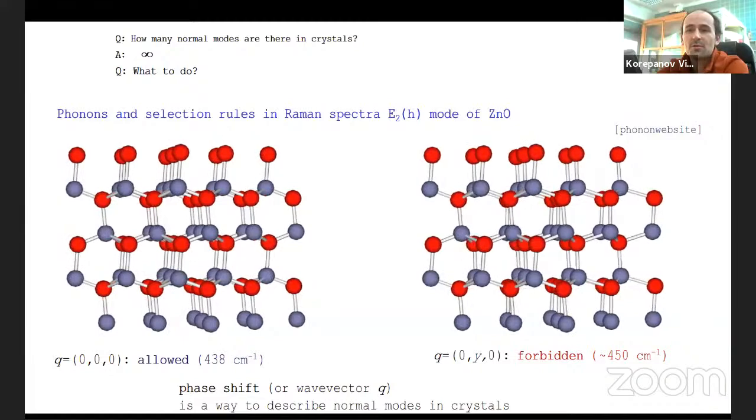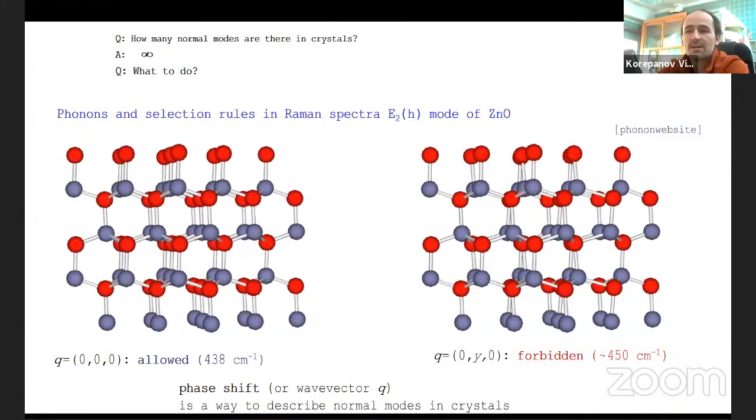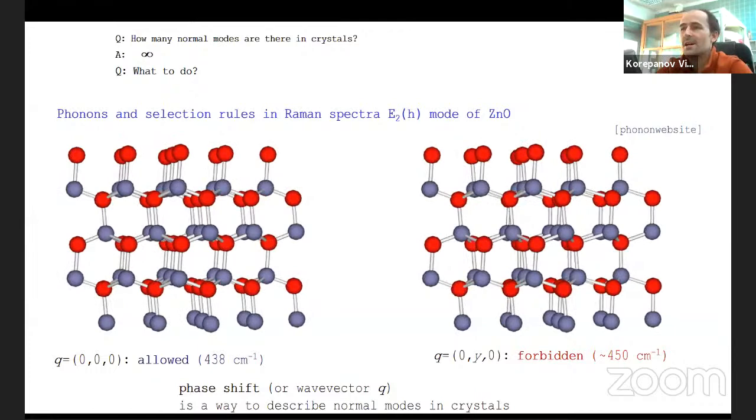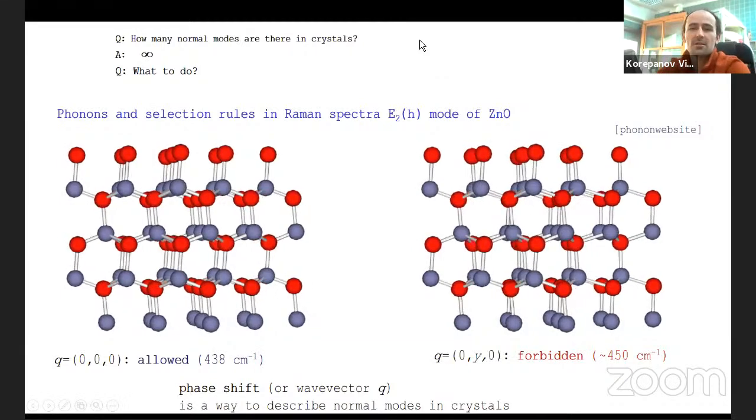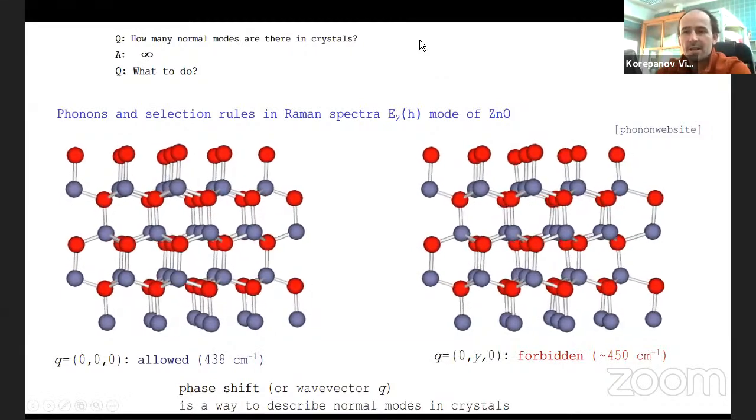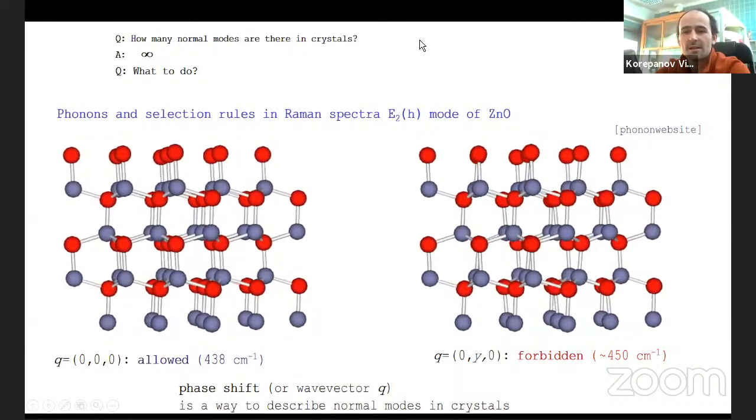Probably those of you who have a strong background in physics know it already very well, but for a general audience, I would give a brief reminder. There are selection rules in Raman spectra for phonons, and they are like this.